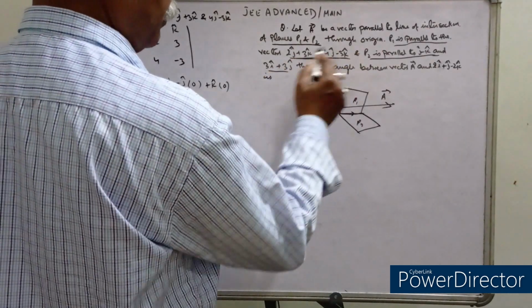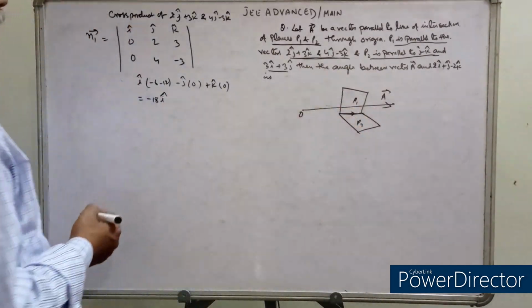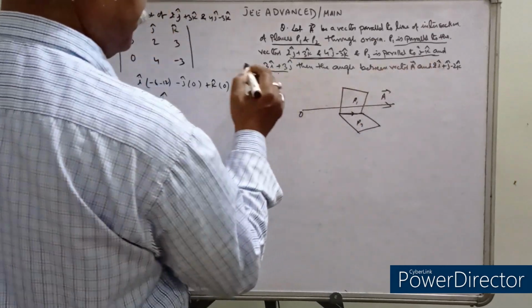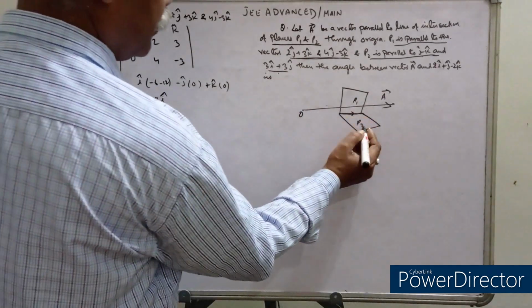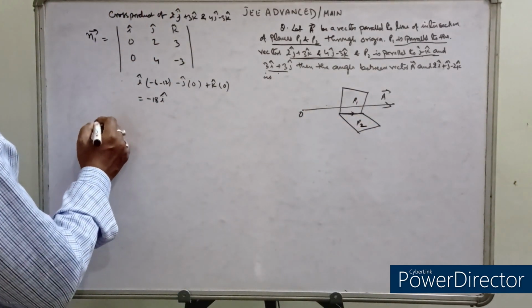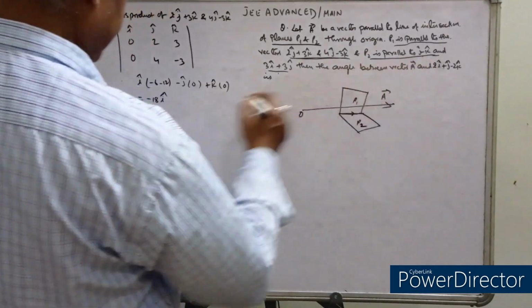If we do the cross product of these, we get a vector which is perpendicular to the plane P1. Similarly, if we do the cross product of these two vectors, we get the vector perpendicular to the plane P2. So the n2 vector will be equal to the cross product of this and this.